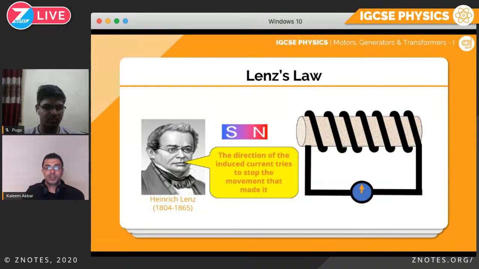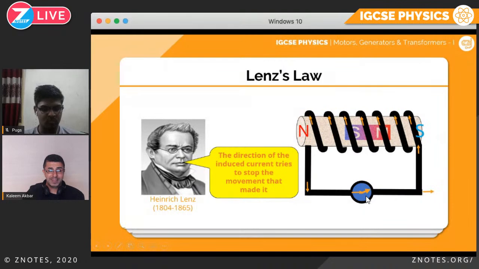All right. So if I take this magnet and move it into this coil, I already know that I'm going to get current. Now, here's the thing. Now what I'm saying to you is when you get current in that wire, you've got a magnetic field around that wire. What does the magnetic field look like for a solenoid? Bar magnet. What does it try to do? Oppose the change causing it.